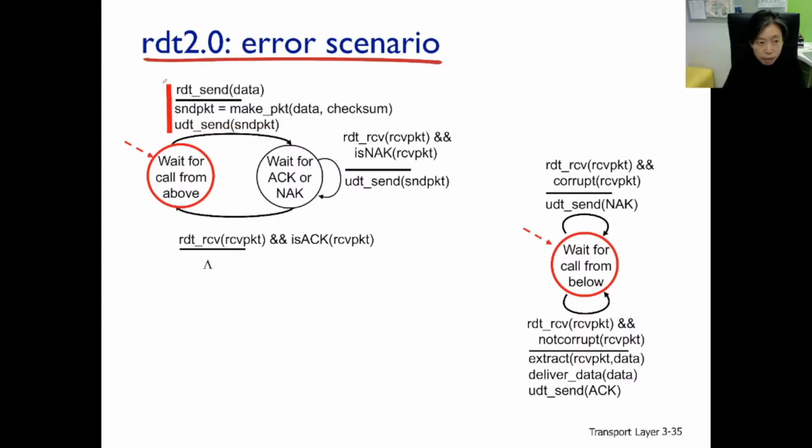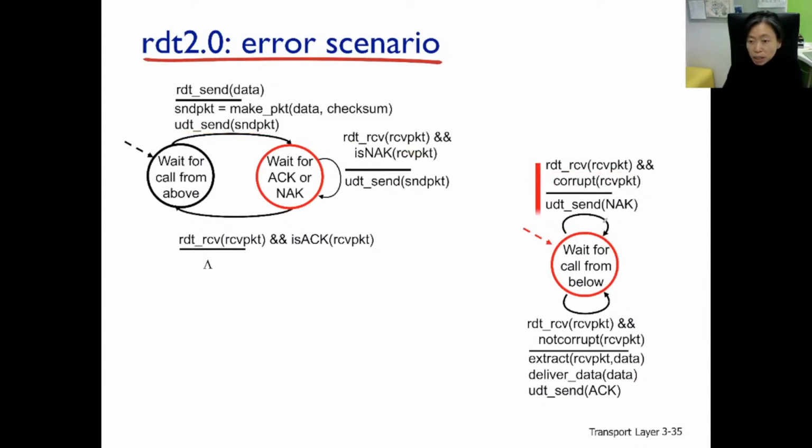So this event matches and these actions are taken, and we take the transition and move to the wait for ACK or NAK state. That generates a packet to the receiver. This time, the event is triggered: network layer says, I have a packet for you. Which condition matches? We have error this time, so it's corrupt. Therefore, we trigger this transition to occur, the condition matches and this action is taken, and then we stay in the same state.